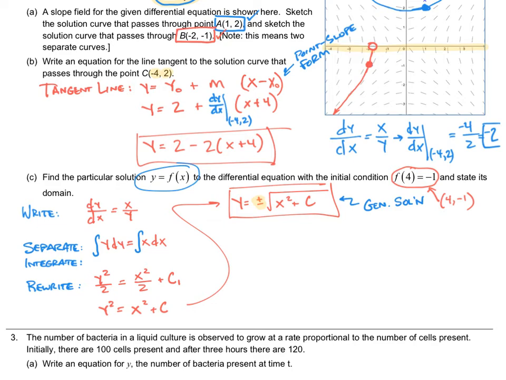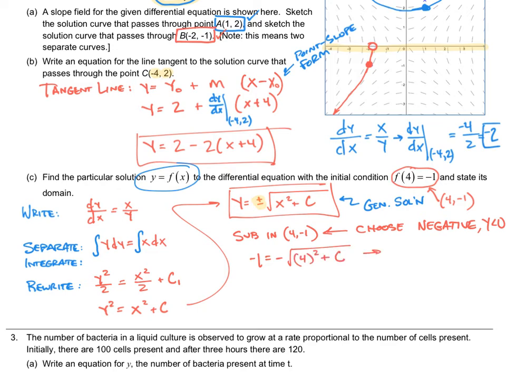So how do we now find the particular solution? Well, we have to sub in our initial condition. We're going to sub in 4, -1, and we're going to choose the negative value for the function because y is less than 0.